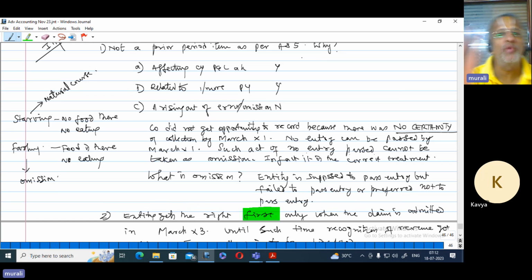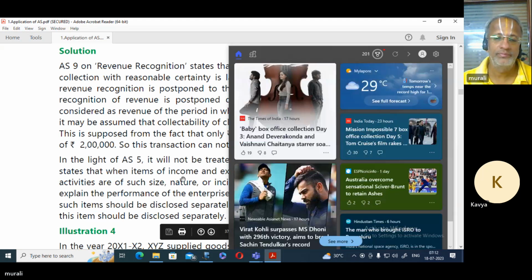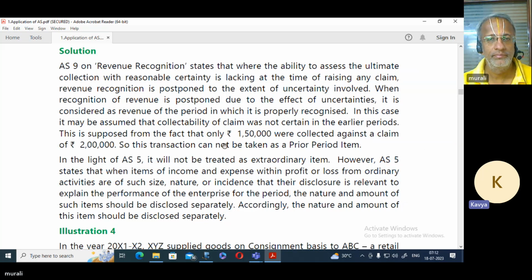Not a prior period item. Why? Sir, because there's no mention that they from their own willing did not record it, because it was not in error. No, it is not an error because it was not certain. So, therefore, the correct treatment itself is to postpone.